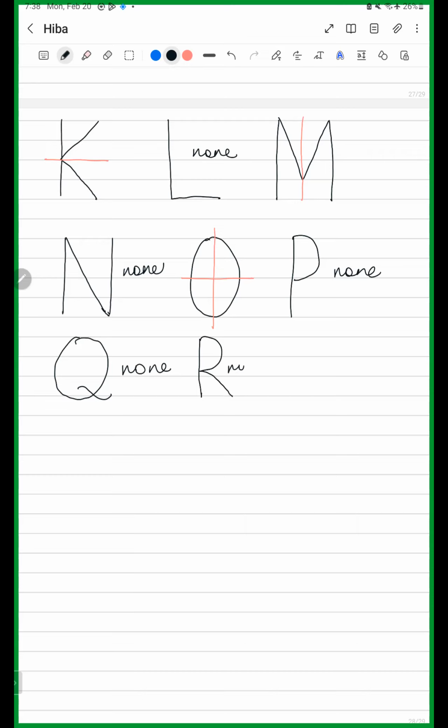S. S is horizontal. Look carefully. Is this symmetrical? If this was symmetrical, it would have been like this. देखो यहाँ से ऐसे जा रहा है ना ये वाला portion, the lower portion. Look at it. Upper portion would have been like this. है ना? So it is none.